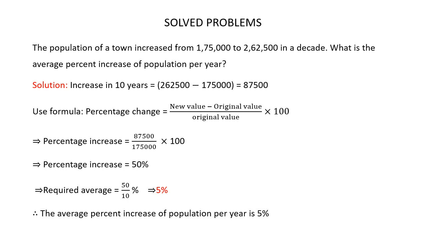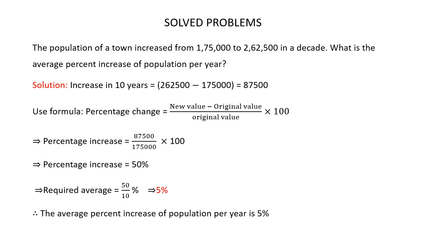So percentage increase is equal to 87,500 divided by 1,75,000 multiplied by 100. When we solve this, we'll get the answer as 50%. So percentage increase is 50%. In 10 years, the percentage increase is 50%.